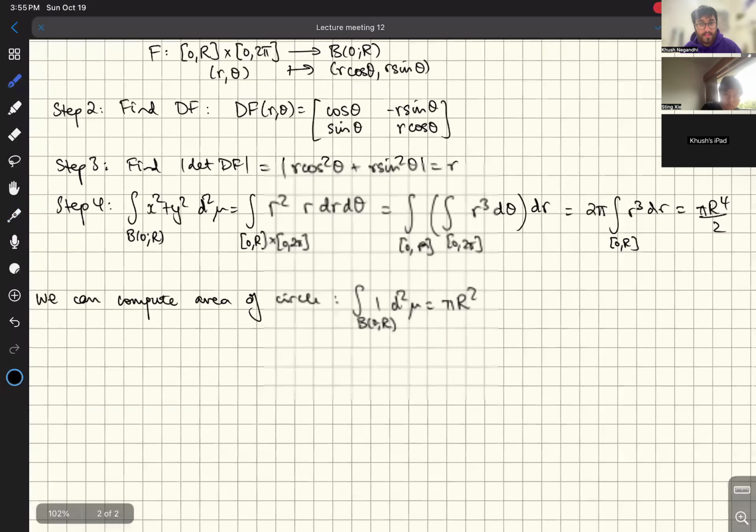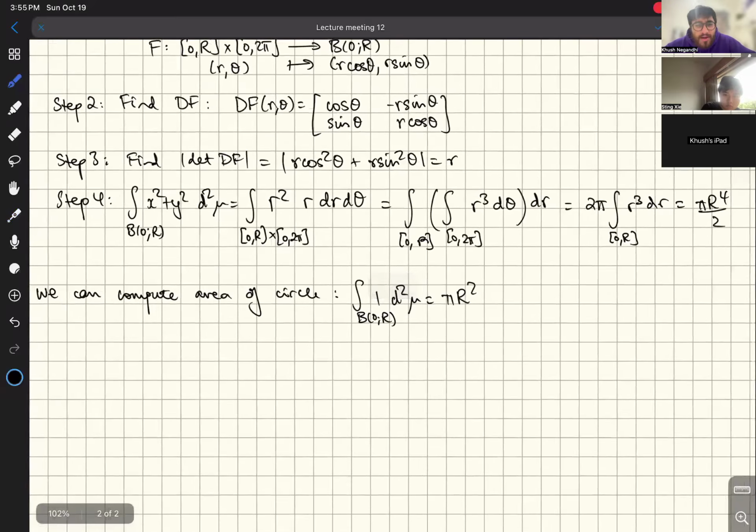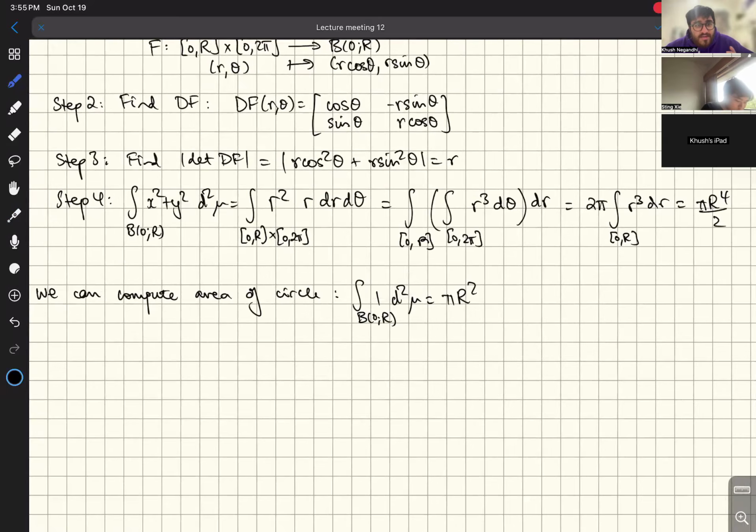Okay. If you check the lecture notes, I also derive the area of an ellipse, with semi-major and semi-minor axes given by a certain thing. Okay, I won't write that down, but you can see that.